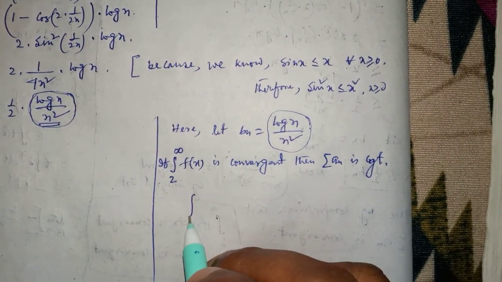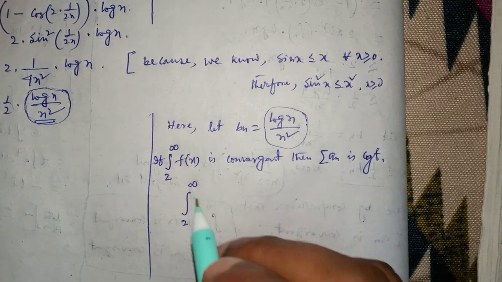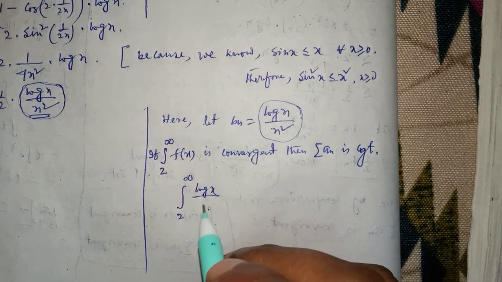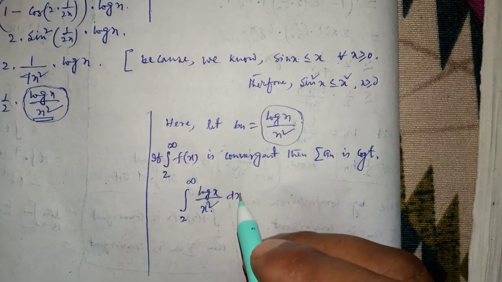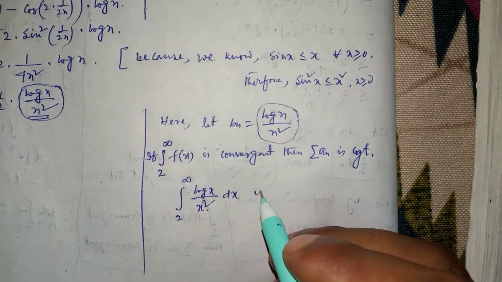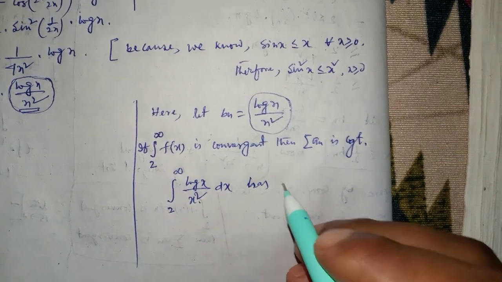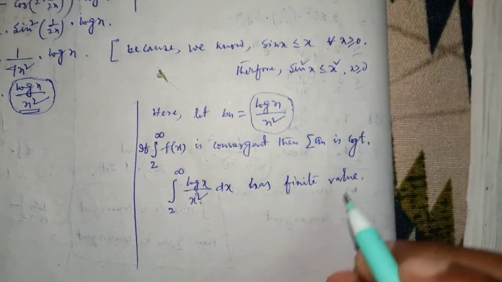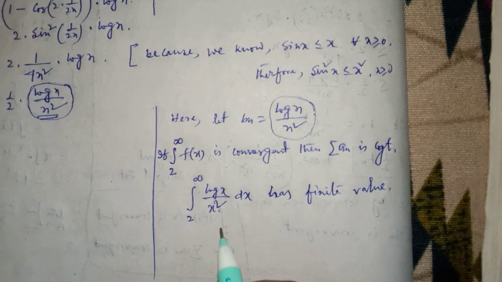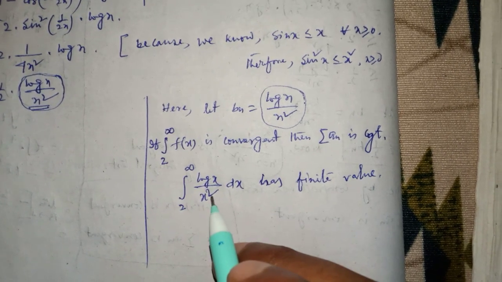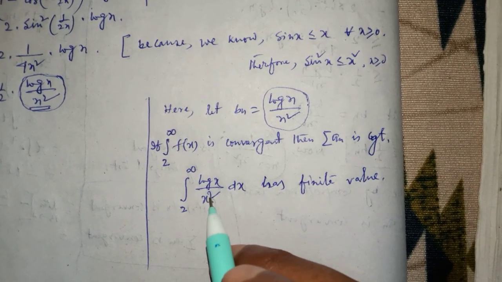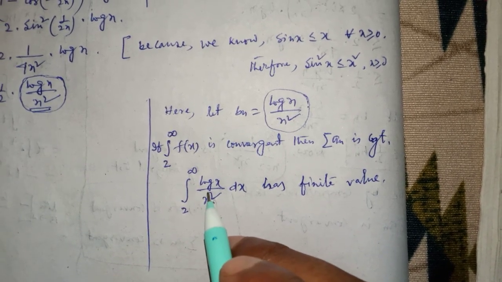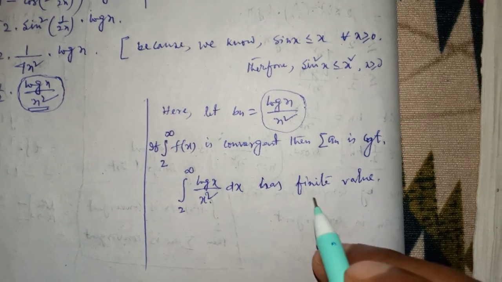So integration 2 to infinity log x by x square dx has finite value, because from integration by parts we can see this integral is convergent and this integral has a finite value.